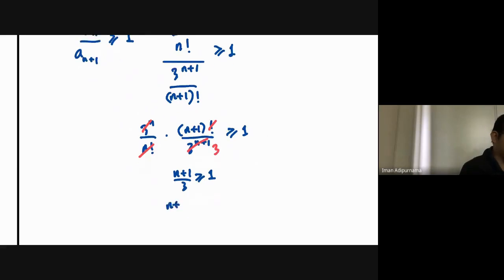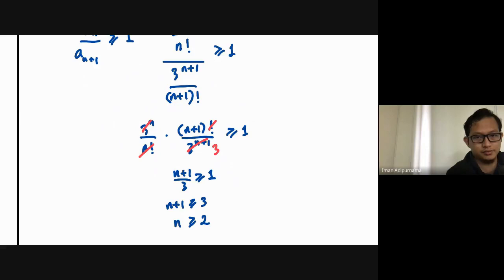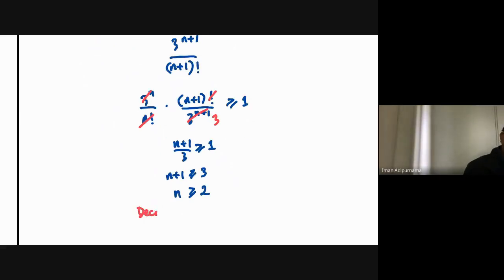And we can simplify and find that n should be equal or greater than, which we already see from what we have done. Okay. So it will be decreasing from n.